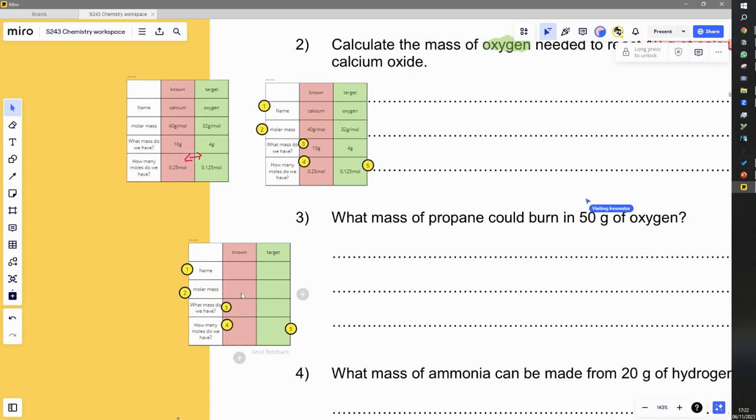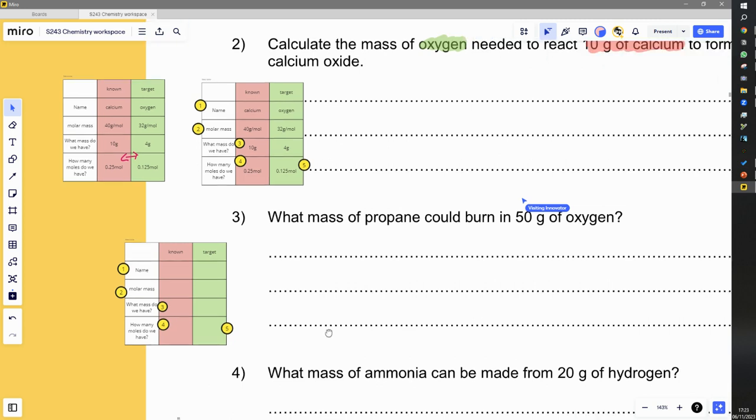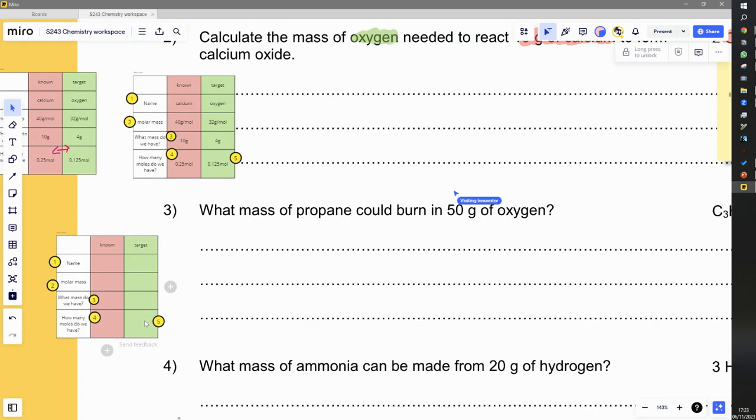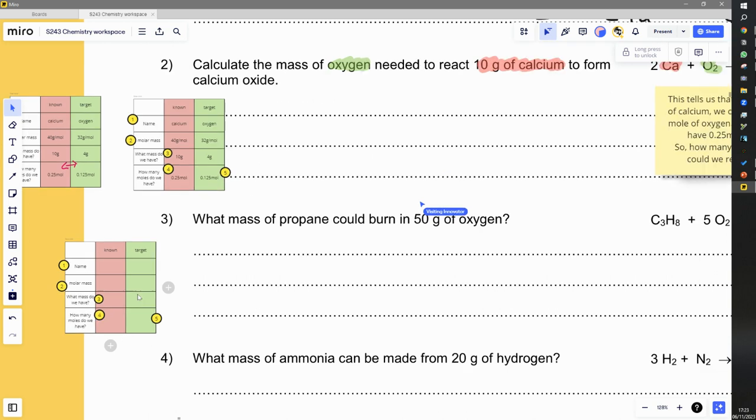We then do the molar mass of both substances, and then we fill in what the mass is of the known substance. Calculate therefore how many moles of the known substance we have. Use the balanced equation which they've given us to work out the moles of the target substance, and then finally fill out this square to work out what the mass of that target substance would have to be.